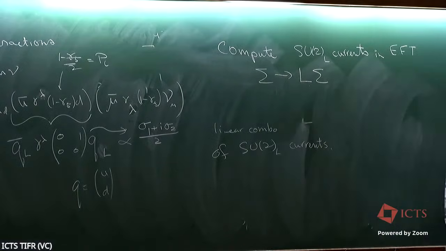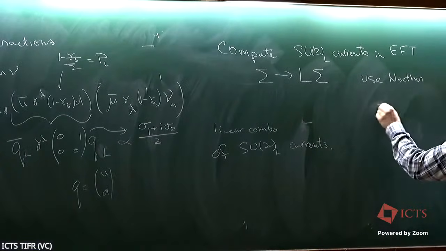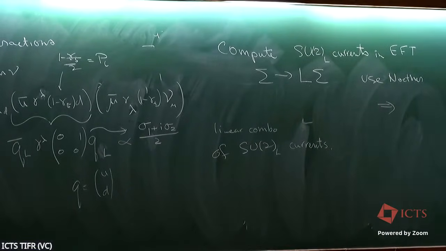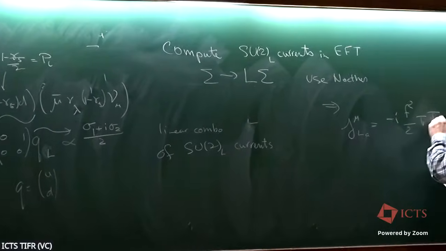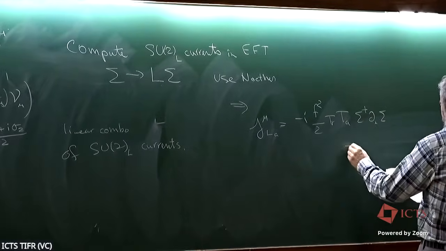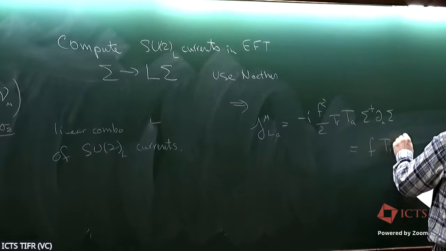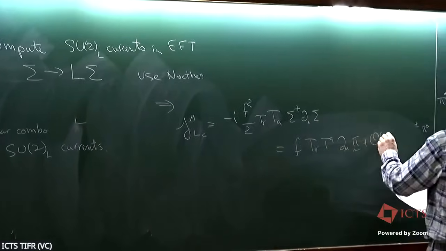That's the transformation under SU(2) left. Use Noether's theorem. And what you find is that J^μ_left,A is equal to −i F²/2 trace T^A Σ† ∂^μ Σ, which if you expand it is F trace T^A ∂^μ π matrix plus order π squared.